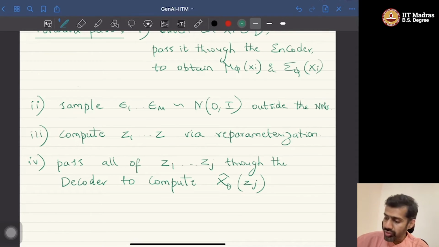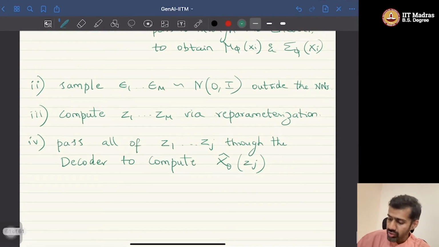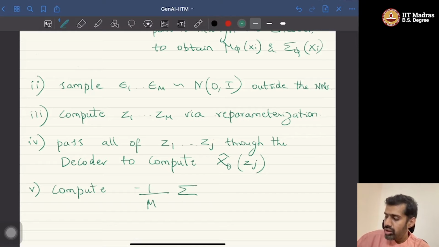We get m number of decoder outputs, and then what we need to do is just compute this particular term, negative 1 by m, sum over j is 1 through m, of xi minus x cap theta of zj.